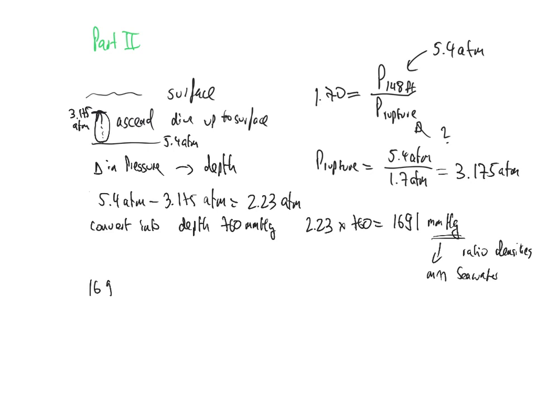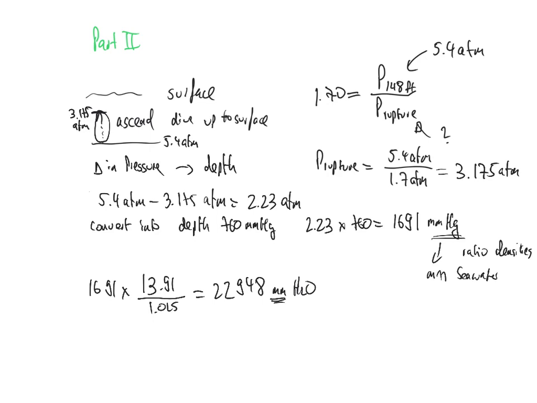So 1691 times the ratio of density, which was 13.91 divided by 1.025, gives me the millimeters in seawater, and in this case that's about 22,948 millimeters.